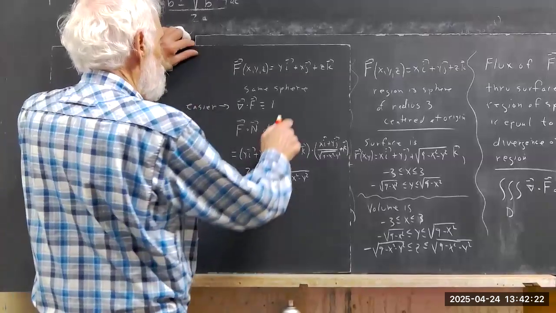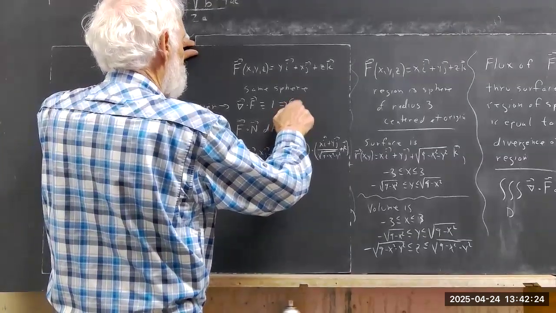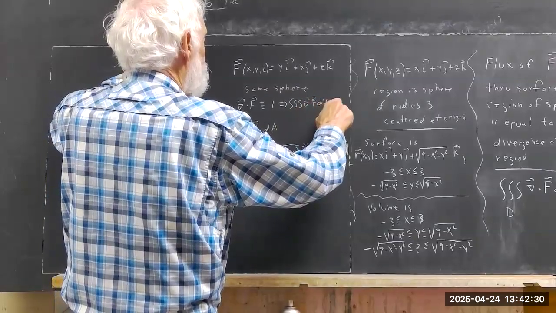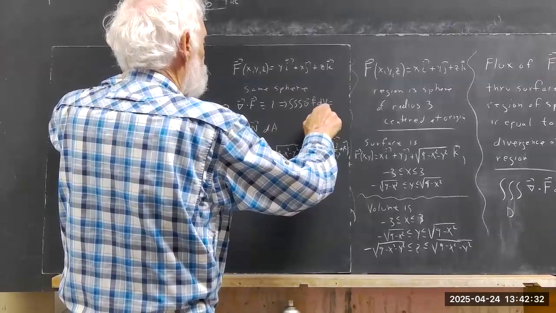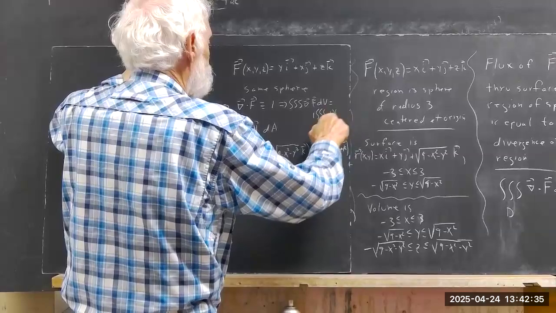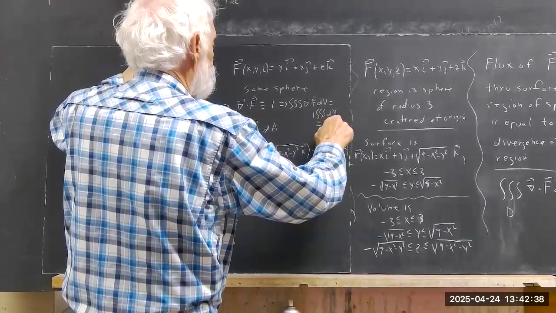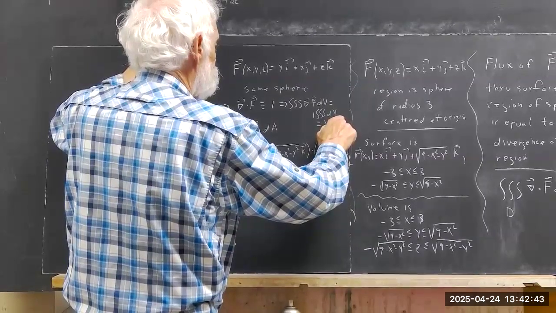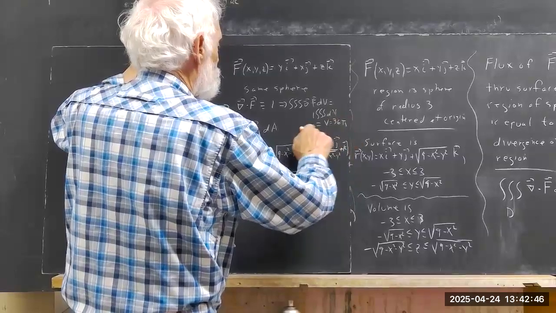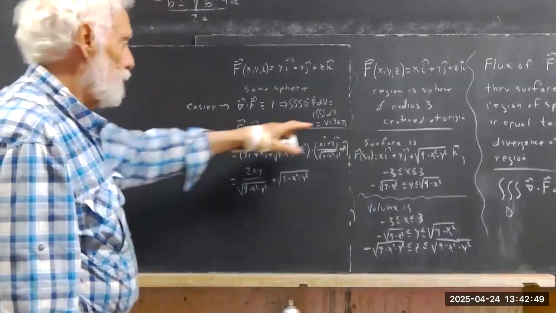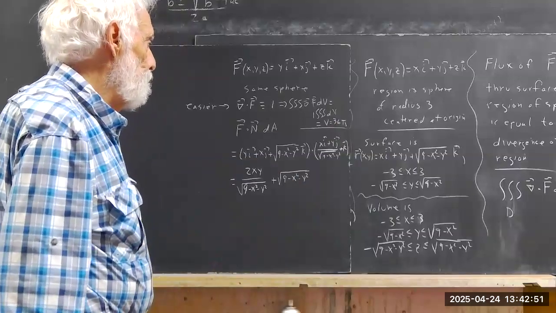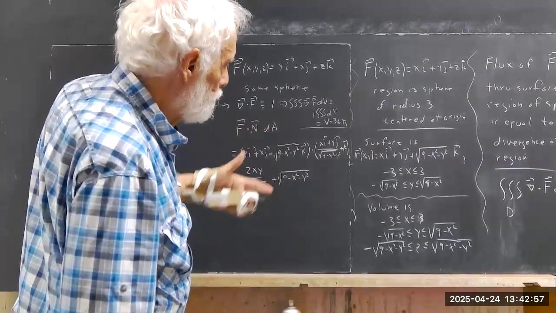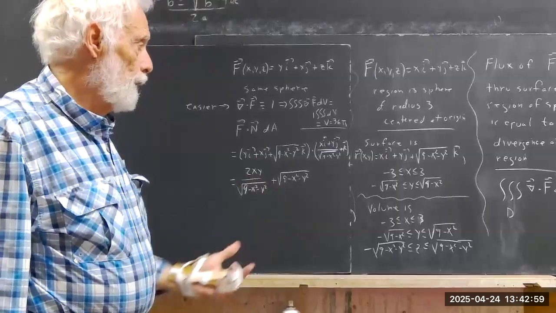it's easier to use this, which implies that the triple integral of del dot f dv equals 1 times the integral dv equals 36 pi, 36 pi being the volume of a sphere of radius 3.